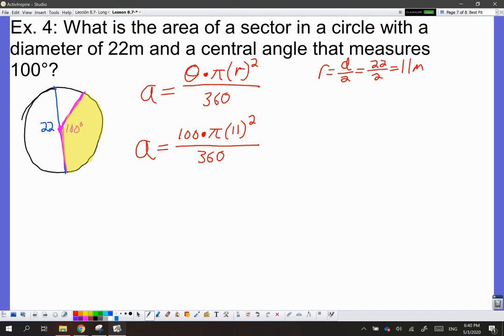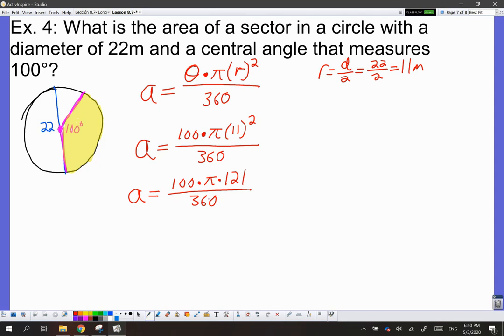And so I can start reducing right now, but I'm going to multiply out the 11 squared first to see if there's any factors there that can also help me. So A equals 100 times pi times 11 squared is 121, divided by 360.